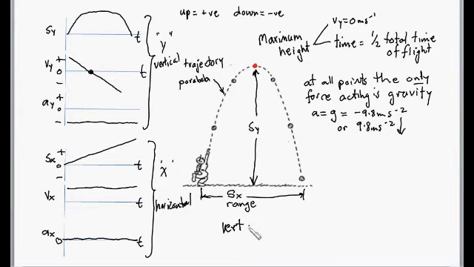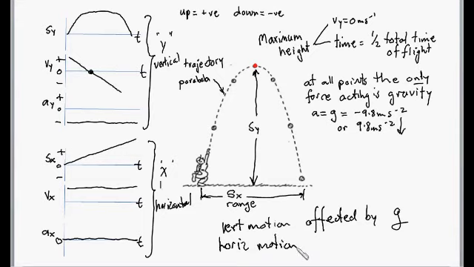Vertical motion is affected by g, and the horizontal component, or horizontal motion, is not affected by gravity. Very important concept there.